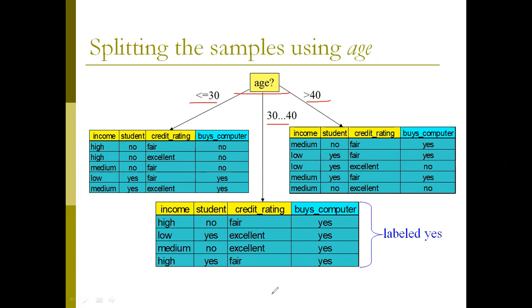But here there is no need to consider this particular 30 to 40 age. Why? Because all the class labels under this 30 to 40 age belong to a single class. So this is called a leaf node. Why? Because it's a pure node. Yes's are 4, no's are 0.